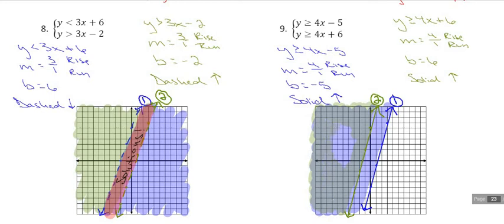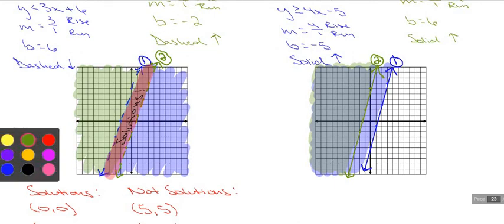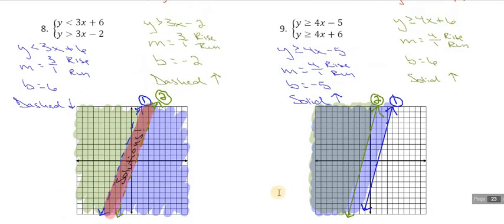So this one's actually kind of cool. We do have a region where we have both the blue and the green, and that region is also the same region that represents all of the solutions for our linear inequality number 2. Okay, because all of this green shaded region fell on top of the blue.